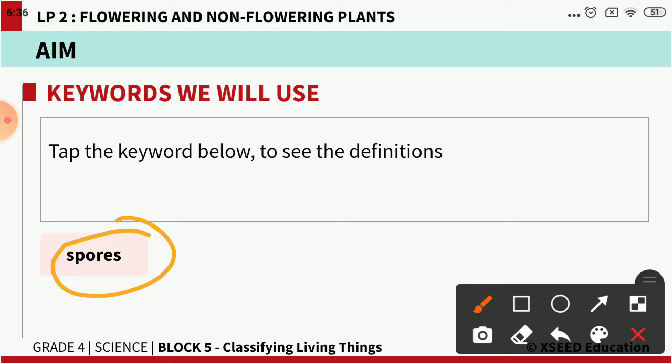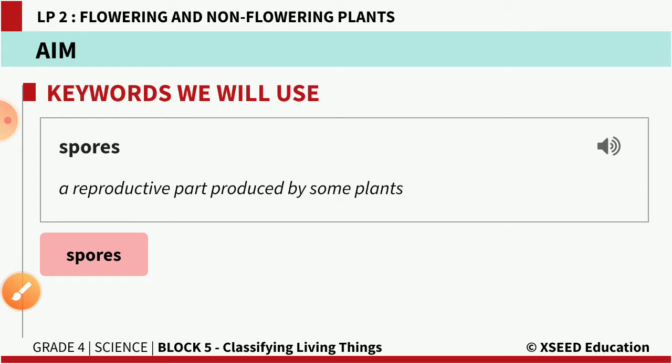Those are the reproductive parts, very minute in their structure. Spores are the reproductive parts that are produced by some plants, like the fern I mentioned now.